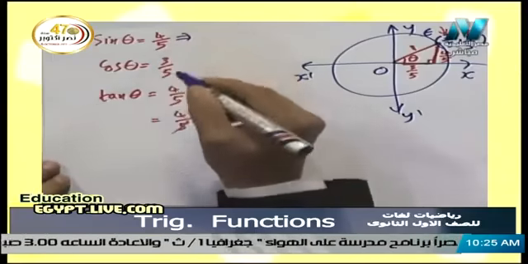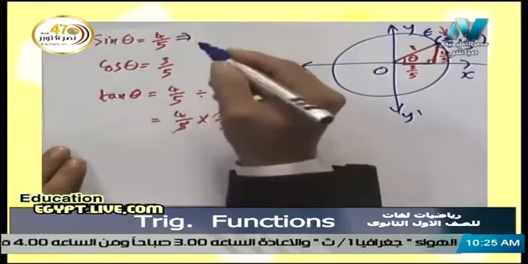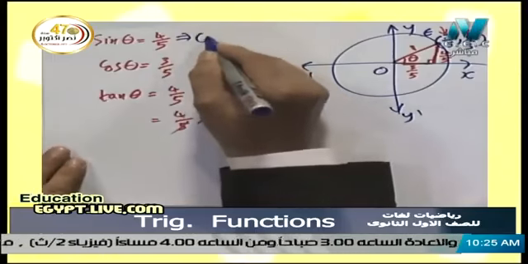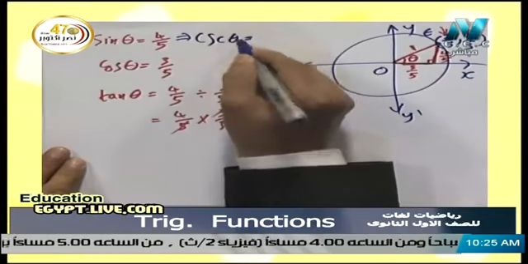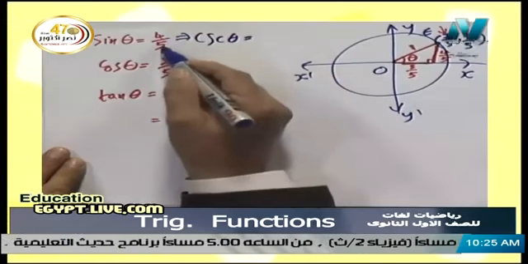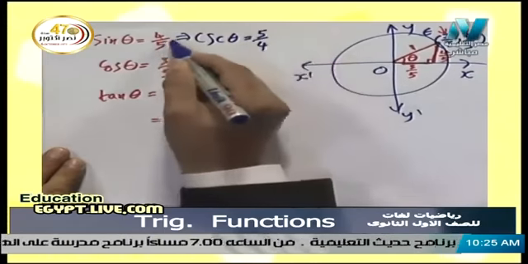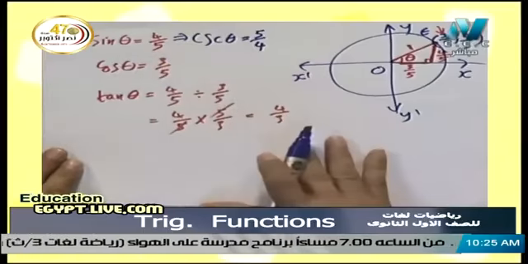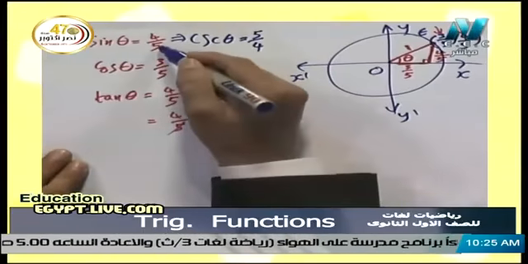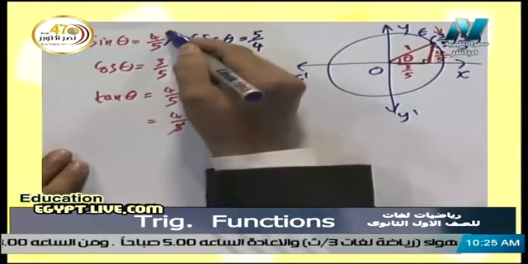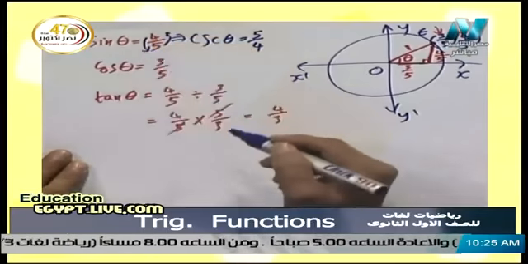We can say that sine theta, its reciprocal is cosec theta. Cosec theta is the reciprocal of sine, so it's 5 over 4. We can make reciprocal here. 5 will be numerator and 4 will be denominator, so it's 5 over 4.